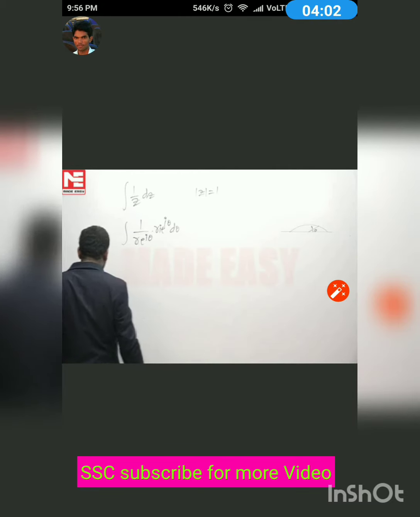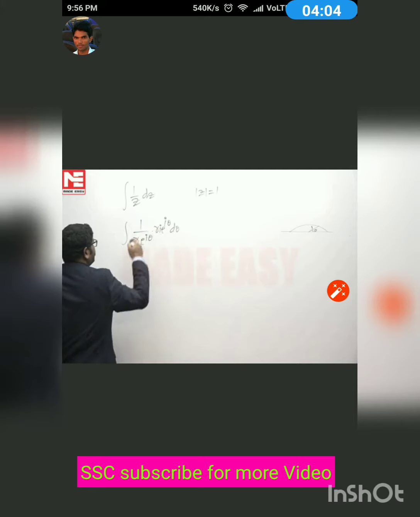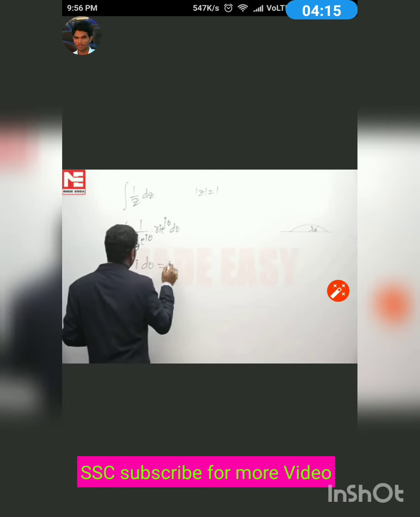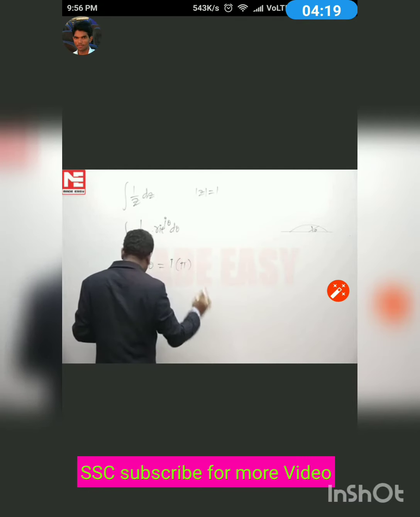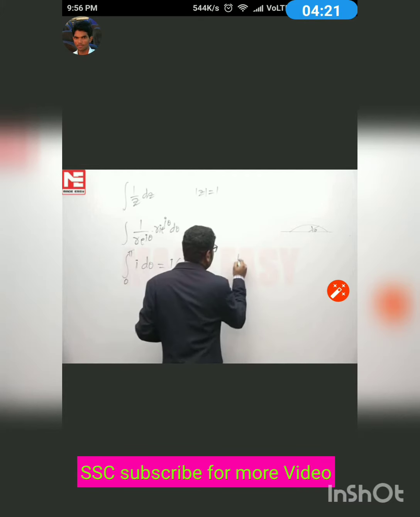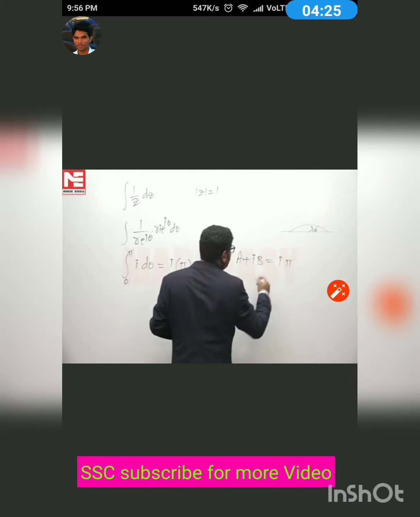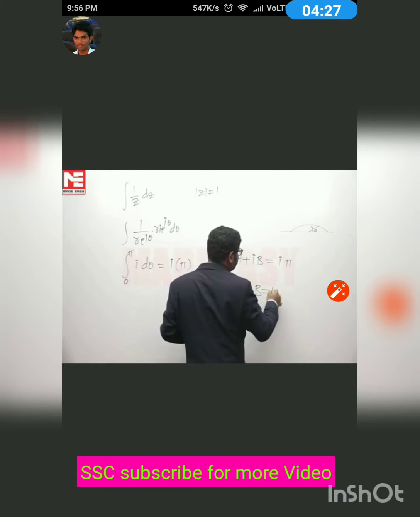Now the radius is 1, so e to the power i theta cancels, leaving the integral of i d theta in the interval 0 to pi. So that is i into pi, i pi. Now, given that a plus ib equals i pi, what is the value of b? The value of b is pi.